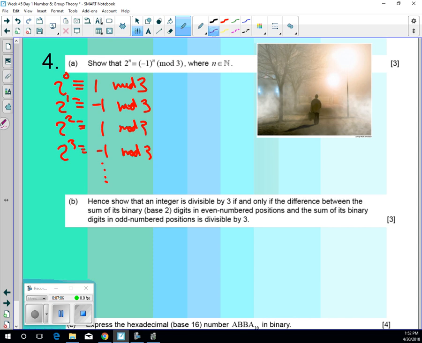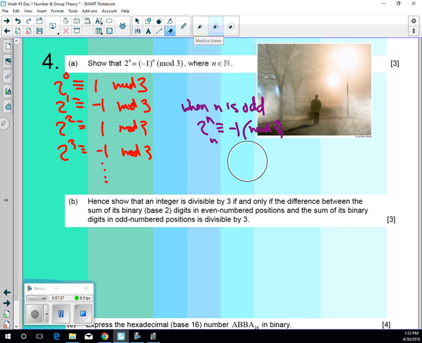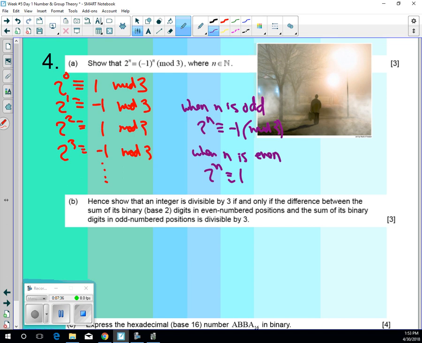What's the pattern? Yeah, it literally is. When n is odd, 2 to the n is congruent to negative 1 mod 3. 2 to the n is congruent to 1 mod 3 when n is even.